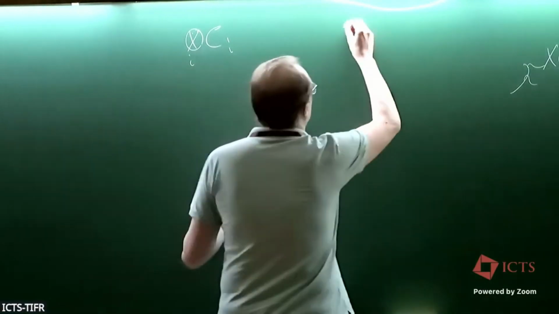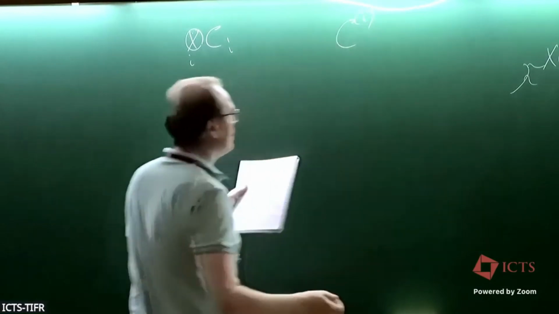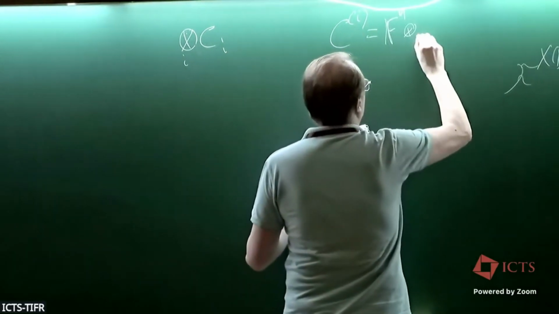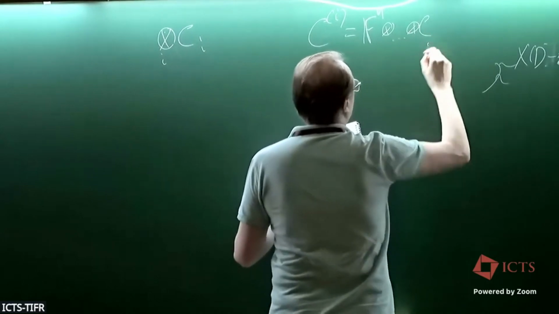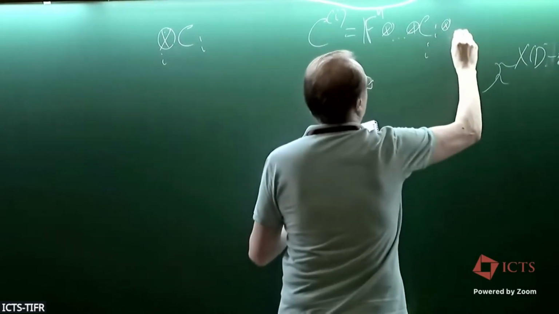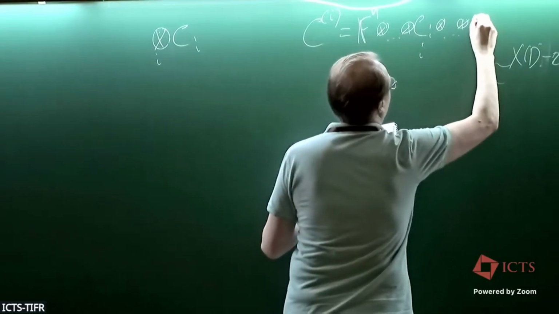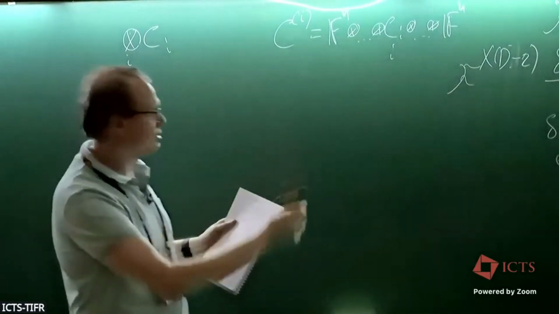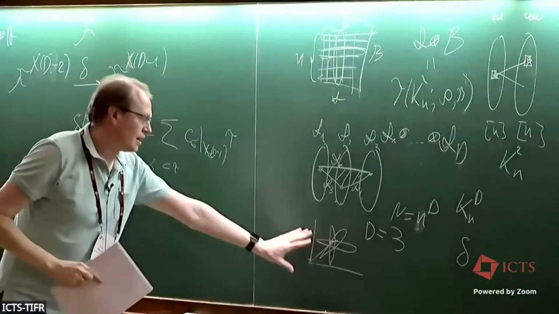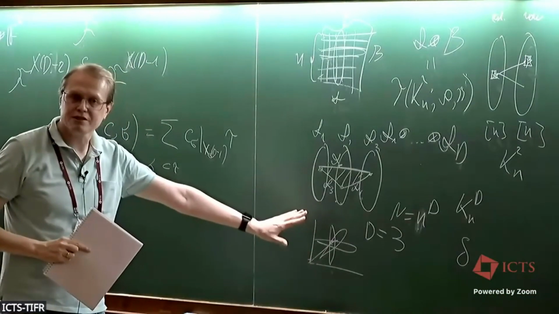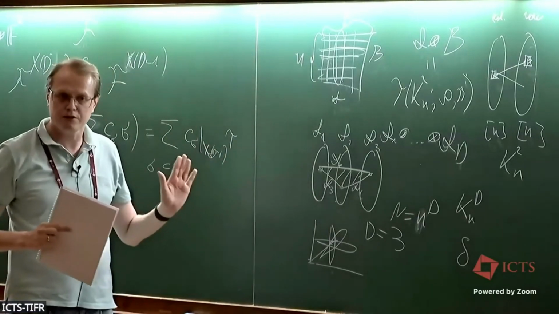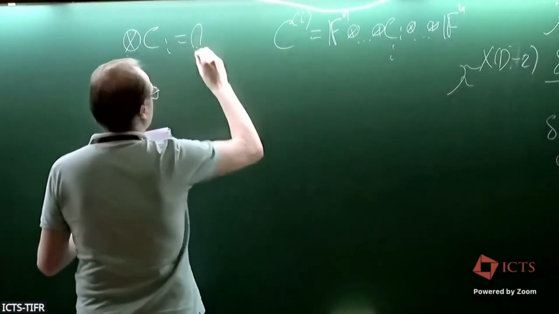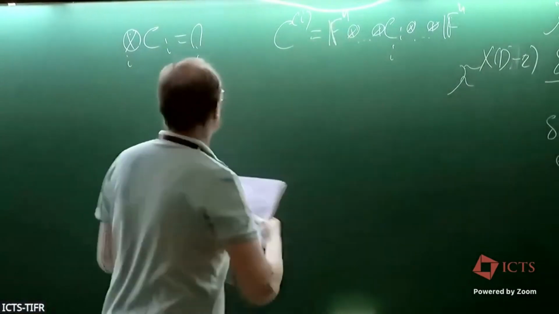We can define the code C_i, which has C_i in the i-th position and no restrictions in all other positions. It just means that we consider all these d-dimensional matrices where we have a restriction only in the i-th dimension. And we can define the tensor product code as an intersection: we just put all the restrictions.